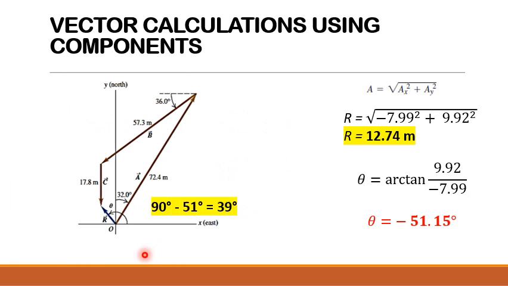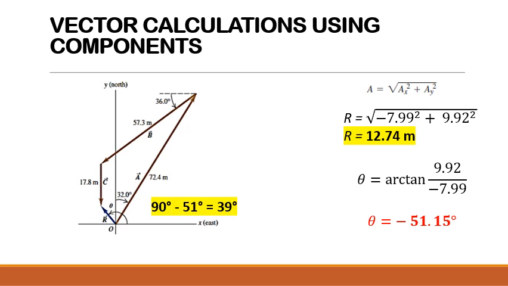Take note, the negative 51.15 degrees is formed from the negative x-axis. We are trying to solve the angle from the positive x. So if we are going to use only the angle from the positive y, then the answer is 39 because 90 minus 51 is 39 degrees.